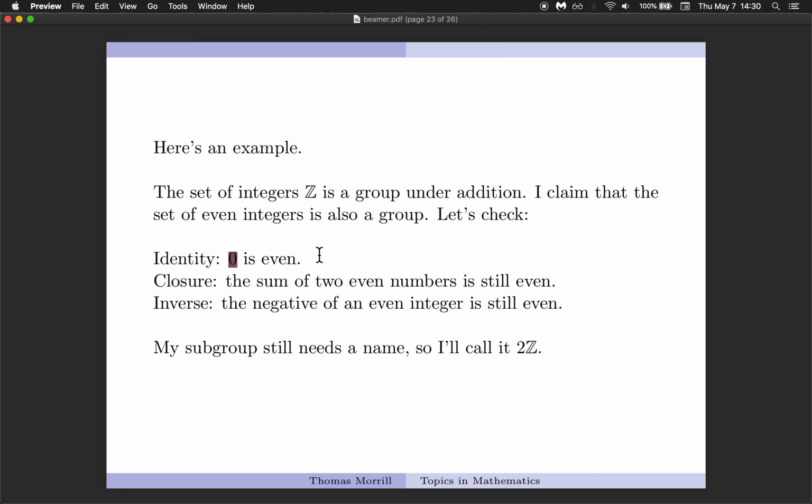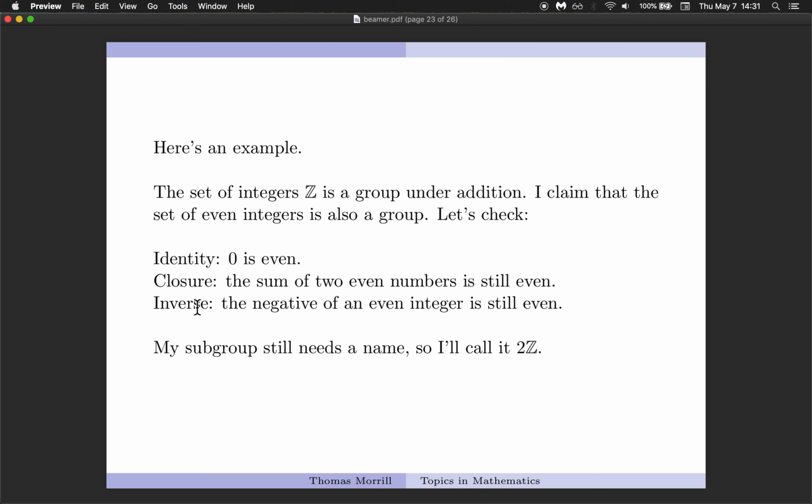Well, 0 should be the identity element under addition, and 0 is an even integer. So yes, my set has identity. Is the set of even integers a group? Does it have group closure? Which is to say, is the sum of any 2 even numbers still even? Let me check with 3rd grade. Yes, yes it is. And finally, I need to make sure that my inverses are still inside of the subgroup.